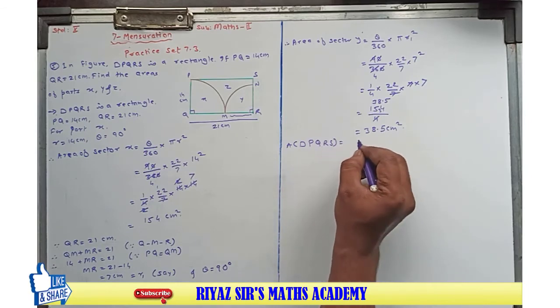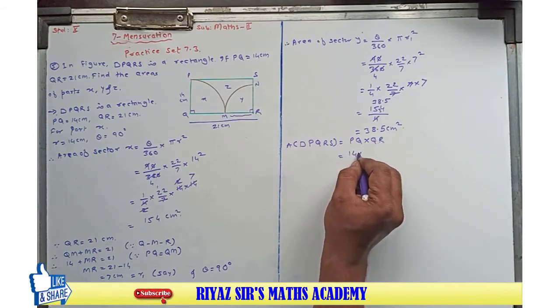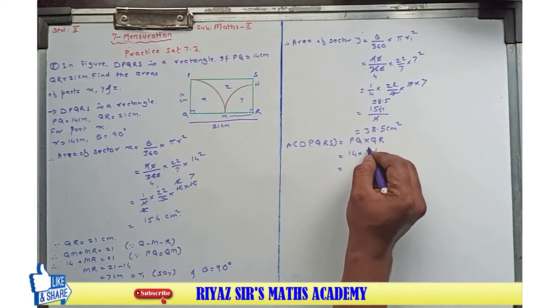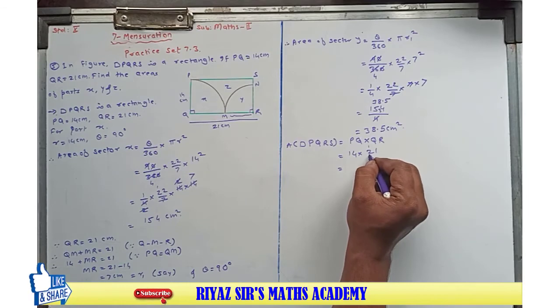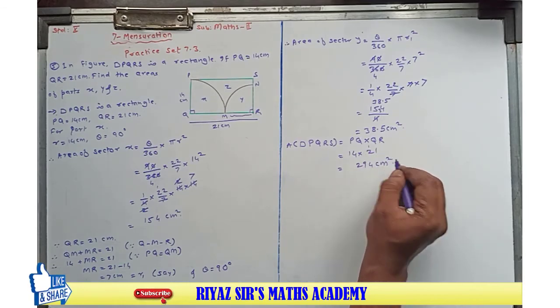PQRS, that is rectangle, is equal to PQ into QR, that is equal to 14 into 21. 14 ones are 14, 4 1 carry, 14 twos are 28, 28 plus 1 that is 29, so 294 centimeter square.